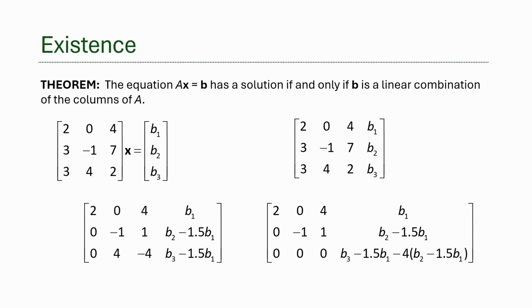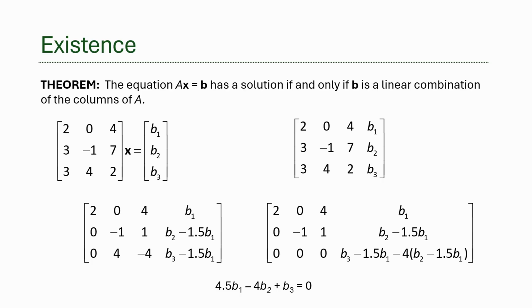If we do the algebra and simplify, it turns into this: 4.5 B1 minus 4 B2 plus B3 has to equal 0 for this system to have a solution, maybe one, maybe infinitely many.